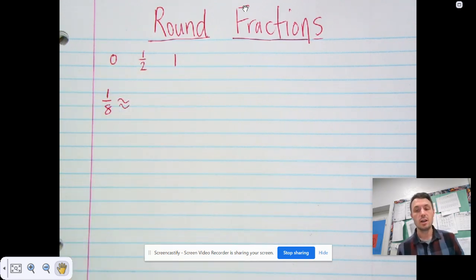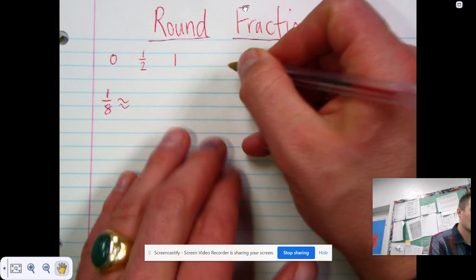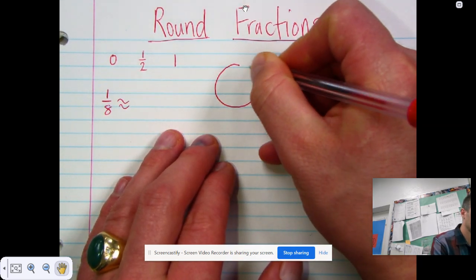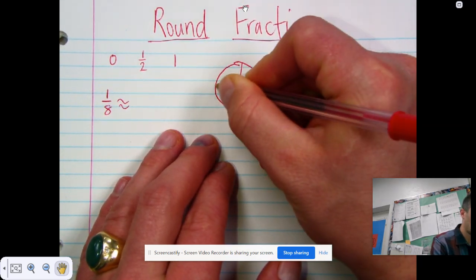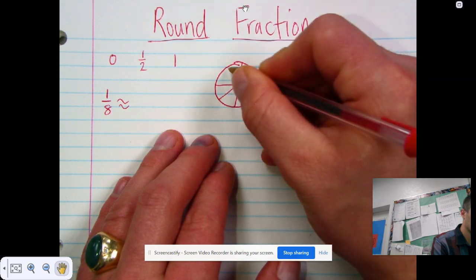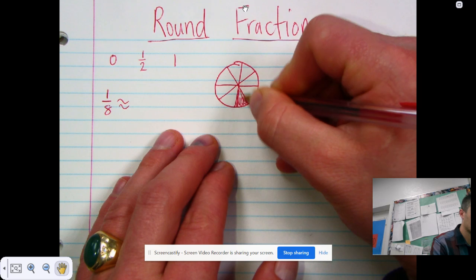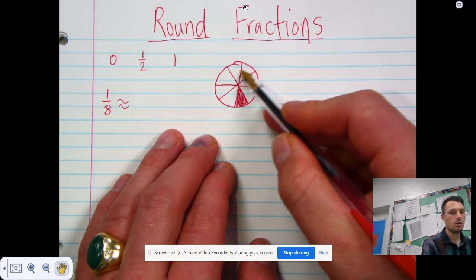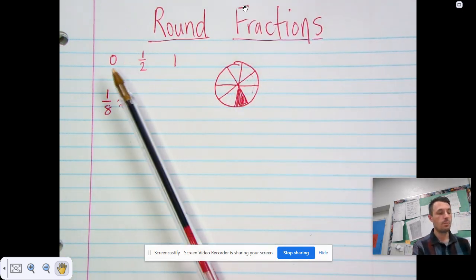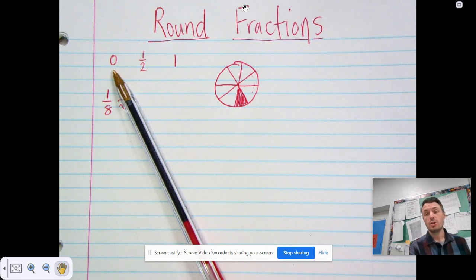So if you had a pizza cut into 8 slices, this is one way you can think of it. It's cut into 8 slices, and you only have one of those slices. All these are gone. If somebody called and said, how much pizza do you have left?